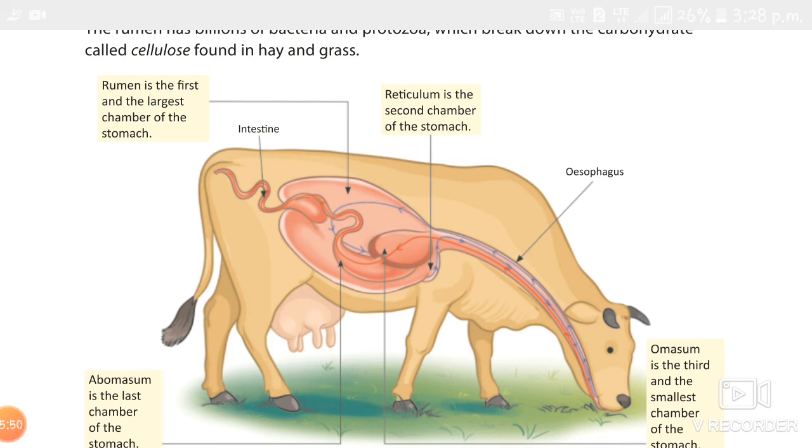Then we studied lesson 3, fiber to fabric. In that we studied wool and sheep, wool from sheep and wool from other animals. The wool is taken from the sheep, camel, goat, rabbit, and yak.